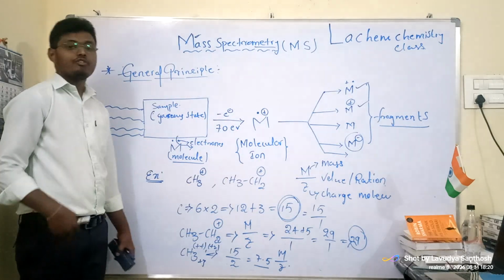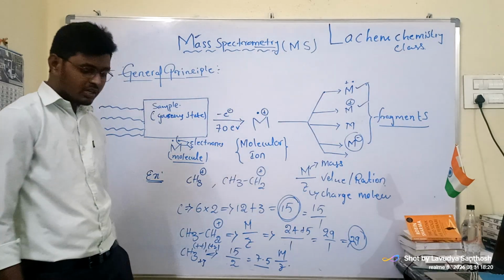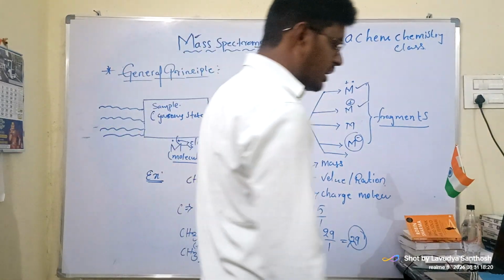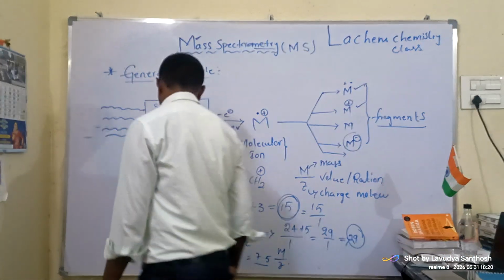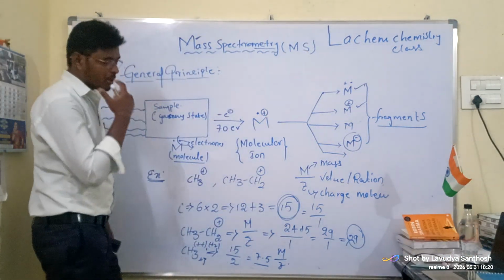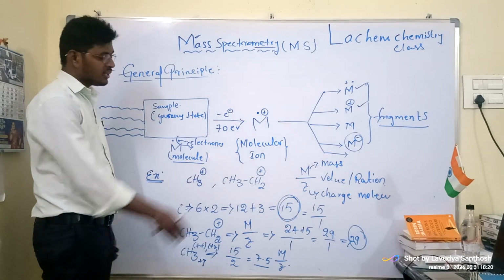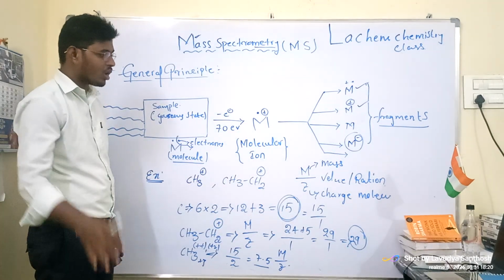If it is multiply charged, more than 3, that is 4, 5, 6, and so on.